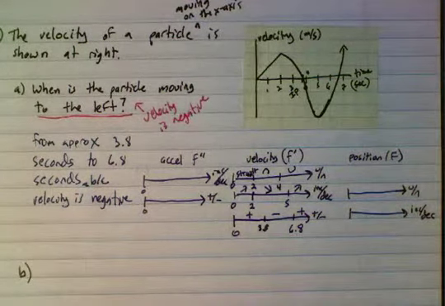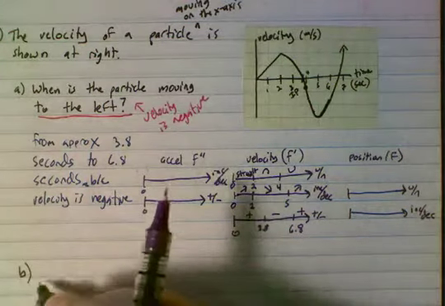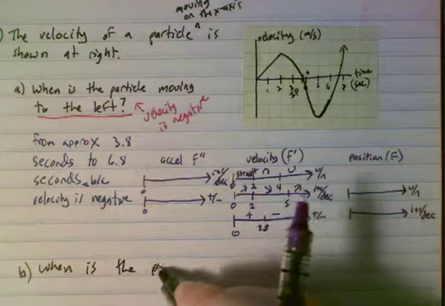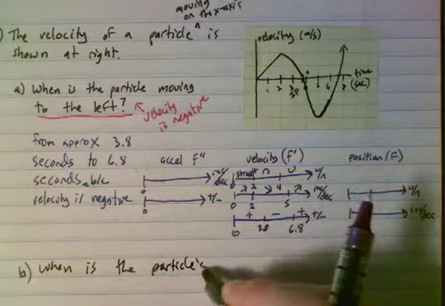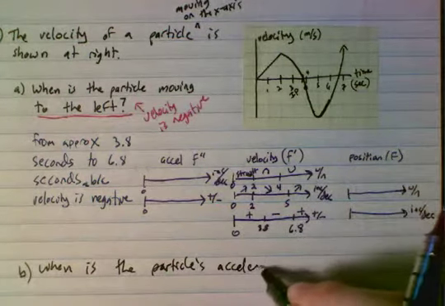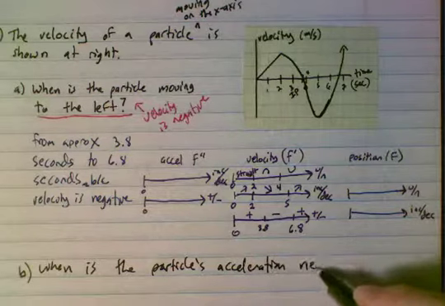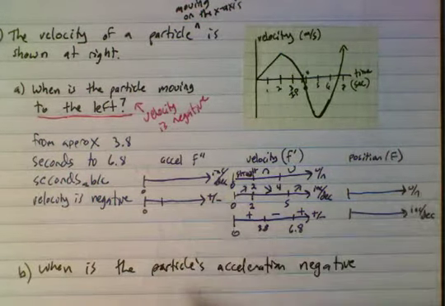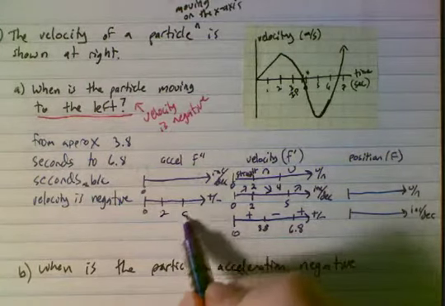Another question we could ask is, when is the acceleration negative? So that means we do need the plus minus for acceleration, so that's 2 and 5.